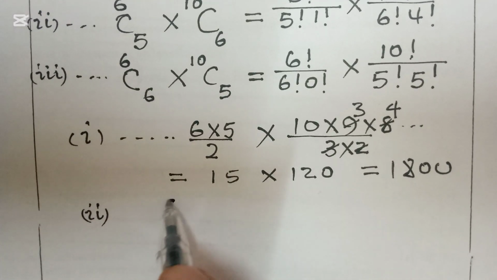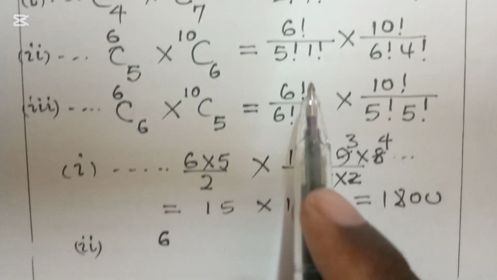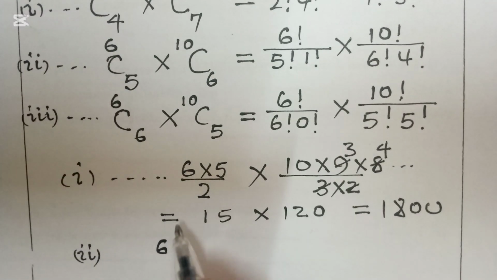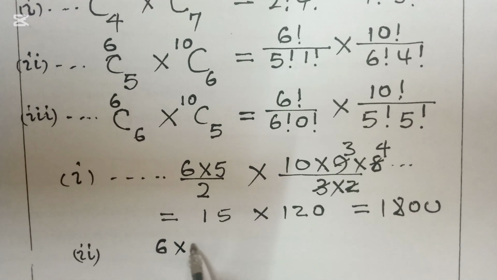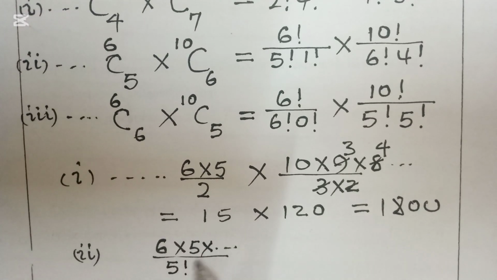It's going to be 6 multiplied by, you can leave it like that because when you multiply by 5 and so on, this 5 factorial is going to cancel that. So now we multiply by 1.